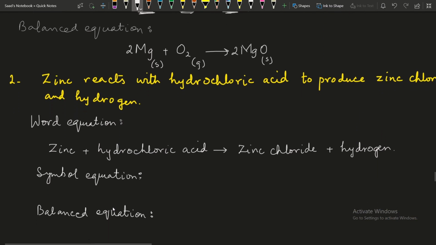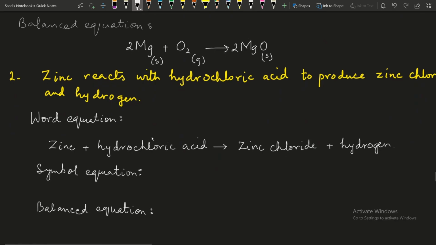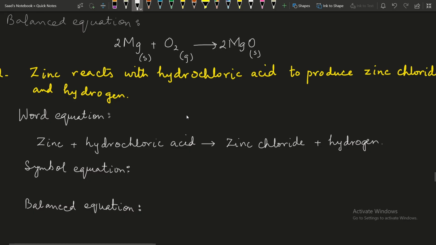Not as a subscript. The next equation is that zinc reacts with hydrochloric acid to produce zinc chloride and hydrogen gas. The word equation is given and we have to write the symbol equation for that. The symbol for zinc is this, and the formula of hydrochloric acid is HCl.